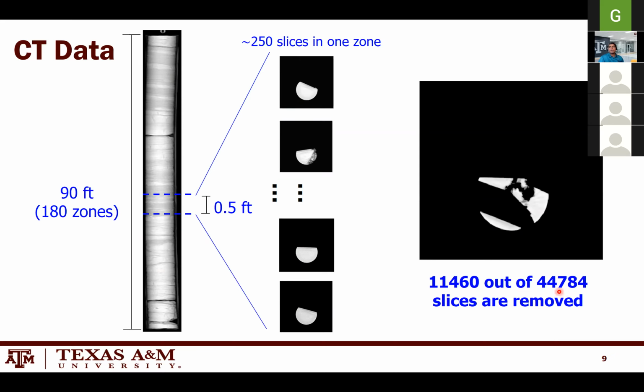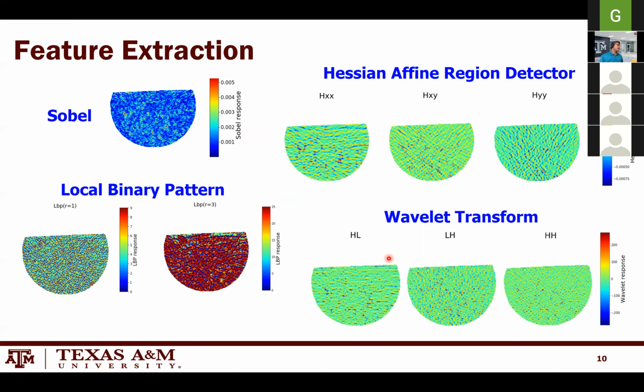So we developed a method to quickly detect all these different broken slices and remove them from analysis. We cannot do much analysis on the broken samples. We need a particular amount of information in each slice to do anything meaningful. So let's say we have 30,000 slices in this 90 feet interval.